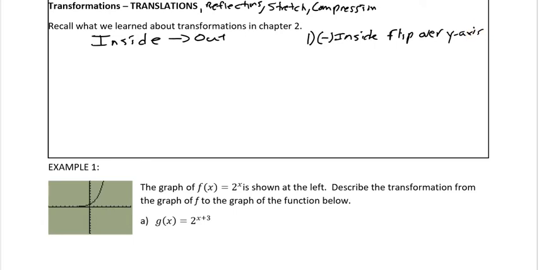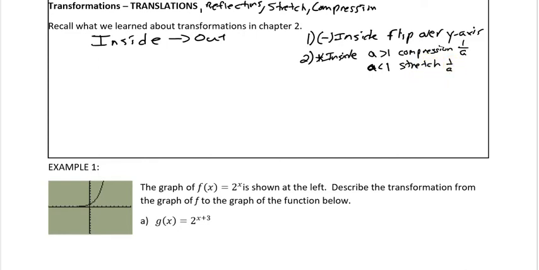The second thing we do is multiplying inside. And now there's more than one possibility. If a is greater than 1, that's actually a compression by 1 over a. If a is less than 1 but still positive, it'll always be positive, the negative is considered separate here, then it's a stretch by 1 over a.